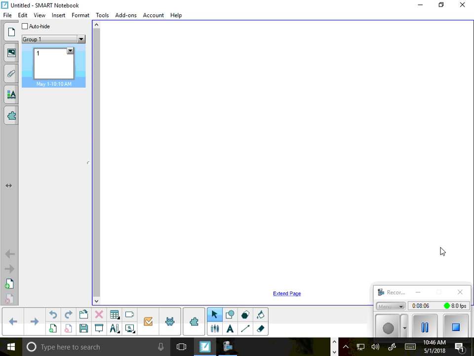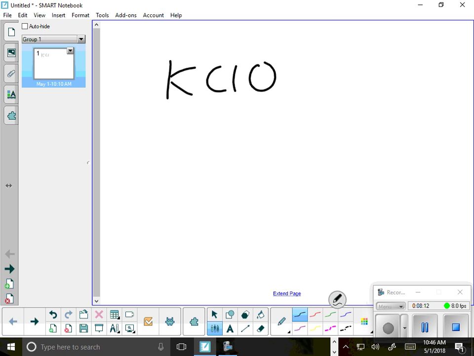If you notice on the bottom, there's a bullet point for 2 compounds. The first one is KClO3. What I want us to do right now is assign oxidation numbers. So if we look at our periodic table, in other words, get out your periodic table.